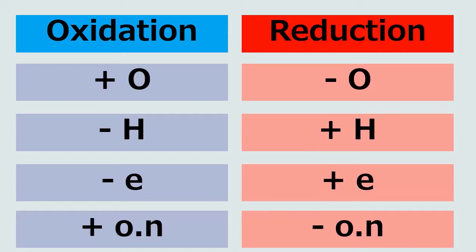Remember, when a substance releases electrons, there must be changes in the oxidation number too. While if the substance loses oxygen, gains hydrogen, receives electrons, and decreases in oxidation number, the substance is said to undergo reduction. When the substance receives electrons, there must be changes in oxidation number too.